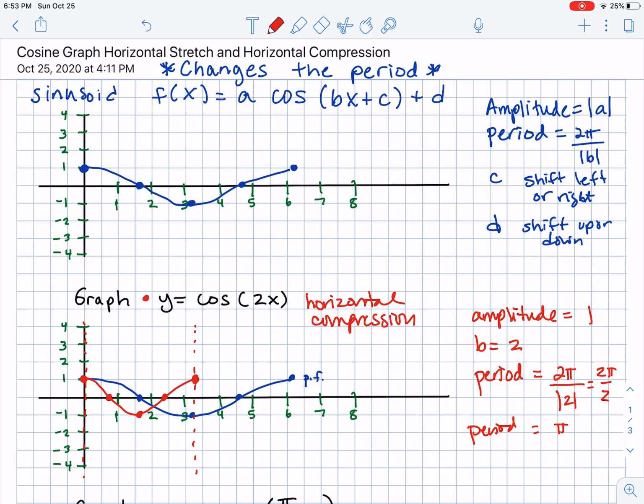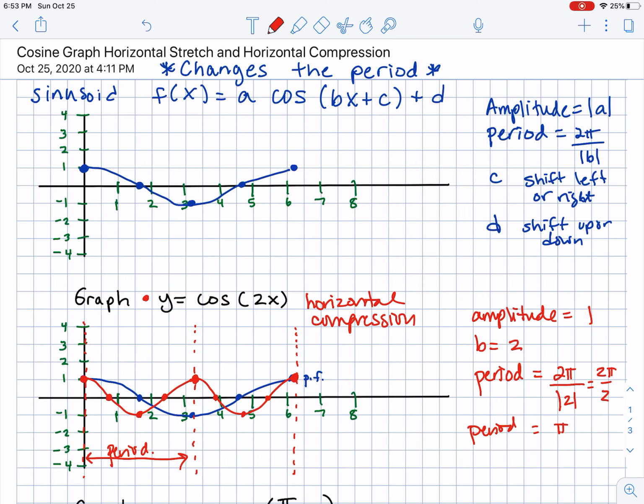All right, let's just say I wanted to do another period. Well, another period is another, what, pi? So that means between pi and 2 pi, I should see another cosine function. And there you go. That's another period. So from here to here, from 0 to pi, that is my period.